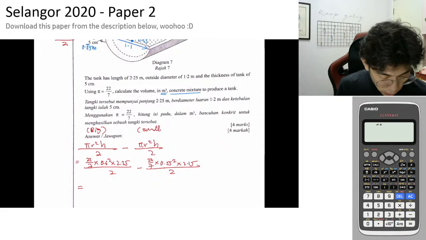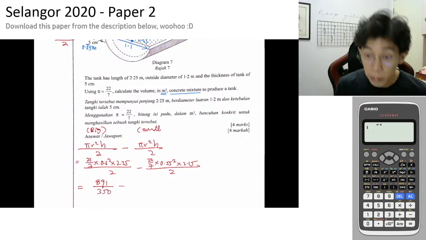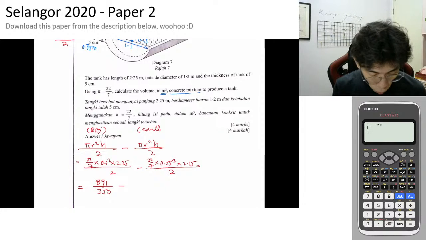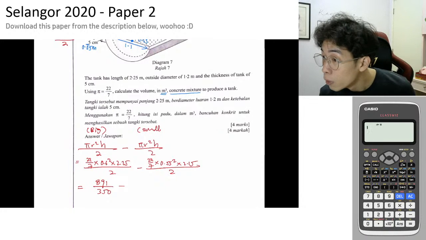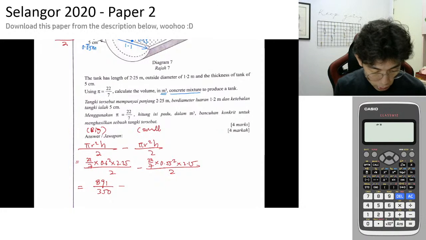So this is 891/350. If I type wrongly, you let me know, okay. Then 22/7 times 0.55 square times 2.15. Then divide by 2.